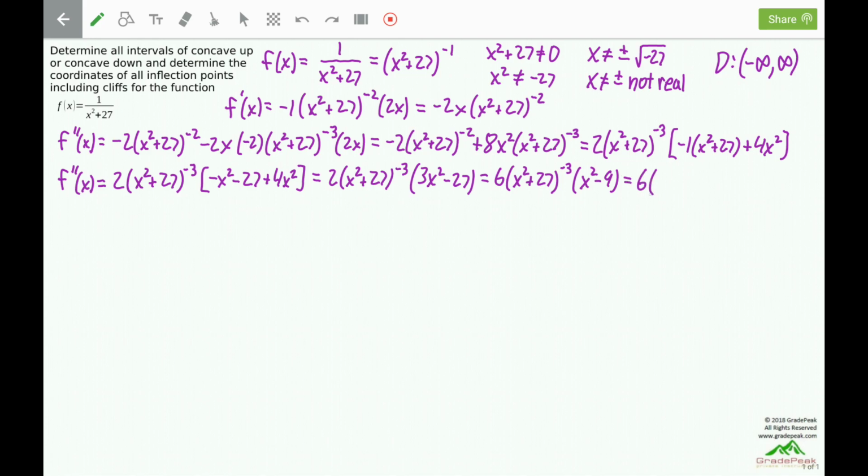So we have 6 times x squared plus 27 to the -3 power, and x plus 3 and x minus 3 it'll factor into. We want all powers to be positive, so we can move that -3 power to the denominator to become positive 3.